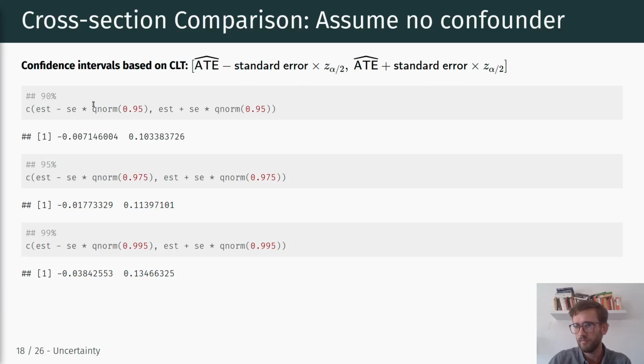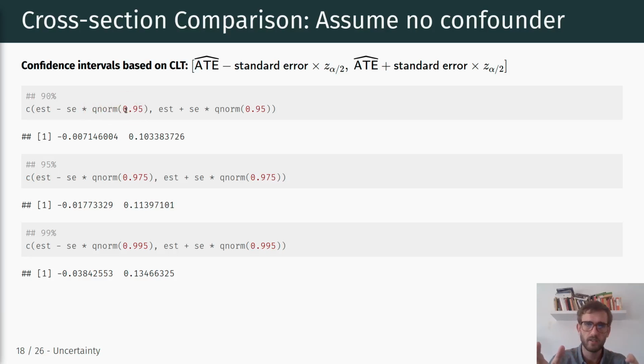Here are the results for 3 different types of confidence interval: 90%, 95%, and 99%. We could of course plug in these critical values that I showed you in previous videos, but if you want to directly get them in R, you can also use the qnorm command.